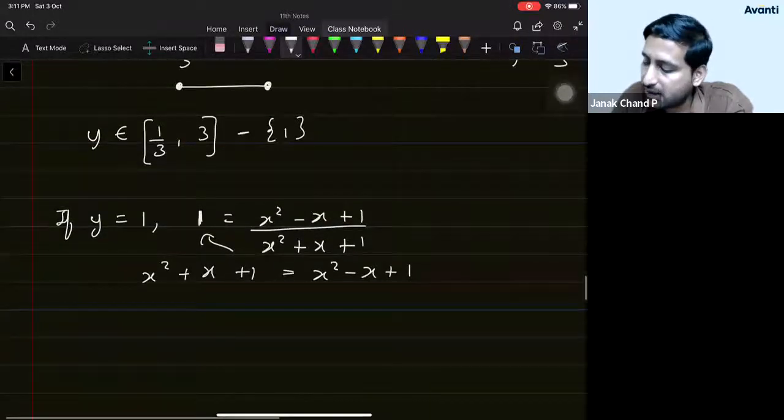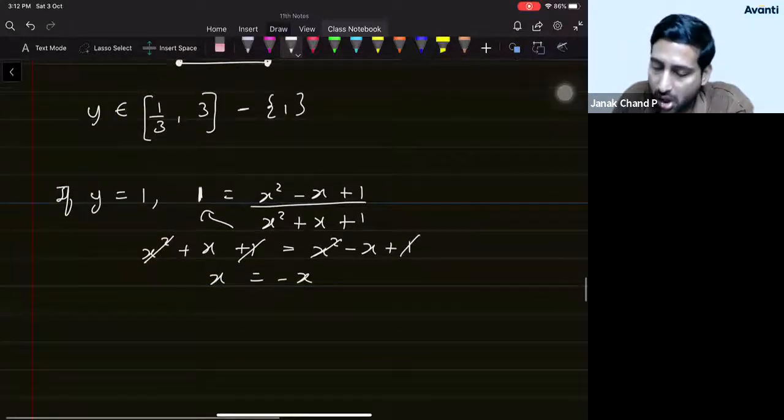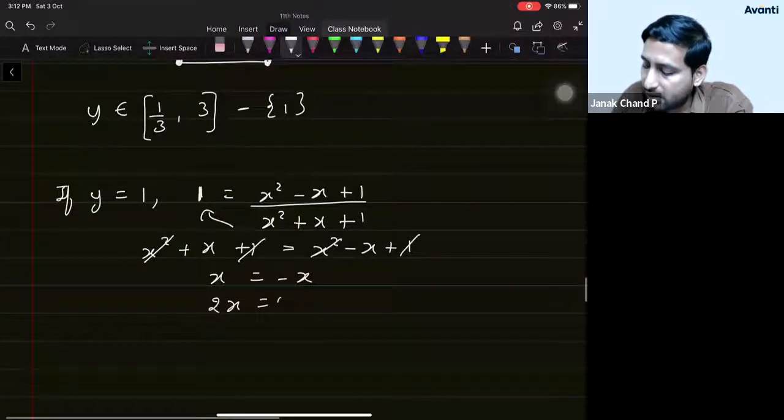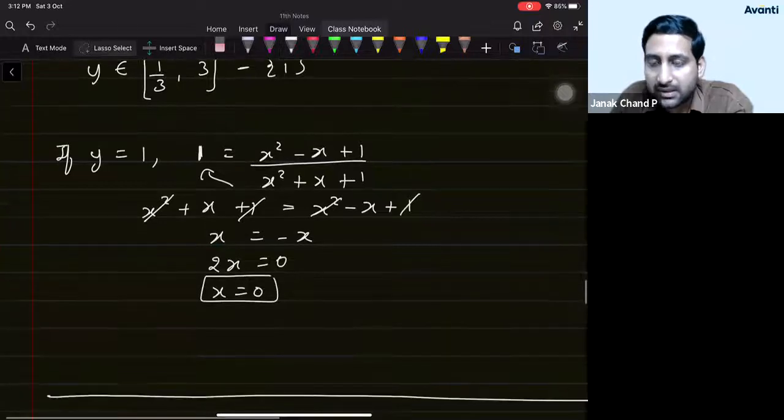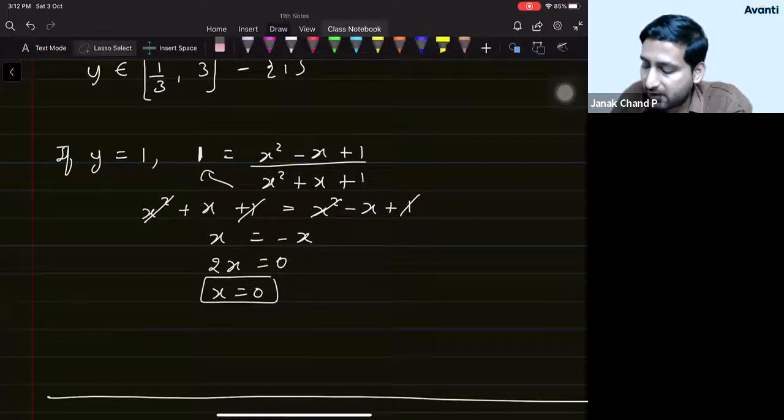That is, student, x square will get cancelled, 1 will get cancelled, you will get x is equal to minus x, or 2x is equal to 0, or x is equal to 0. So finally, when I put y is equal to 1, I'm getting x is equal to 0.